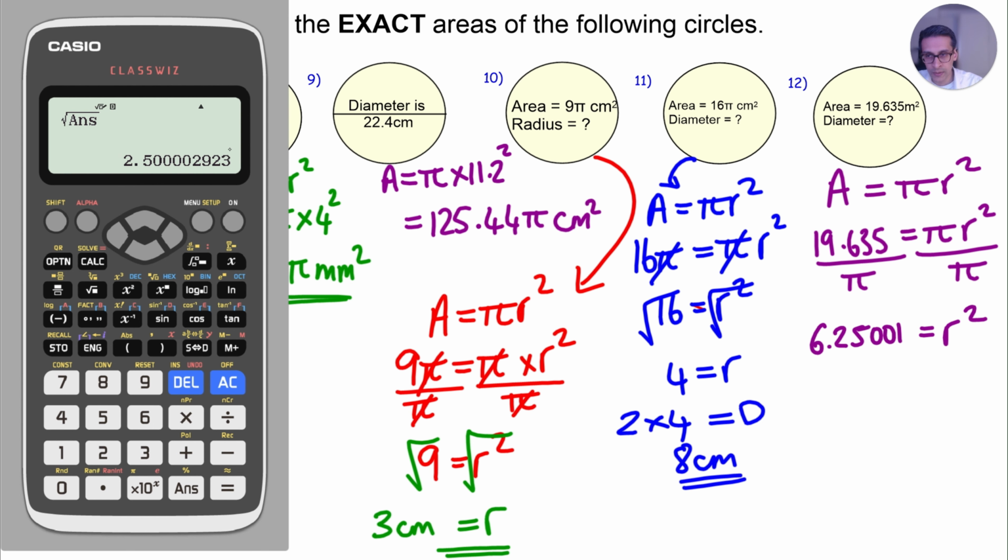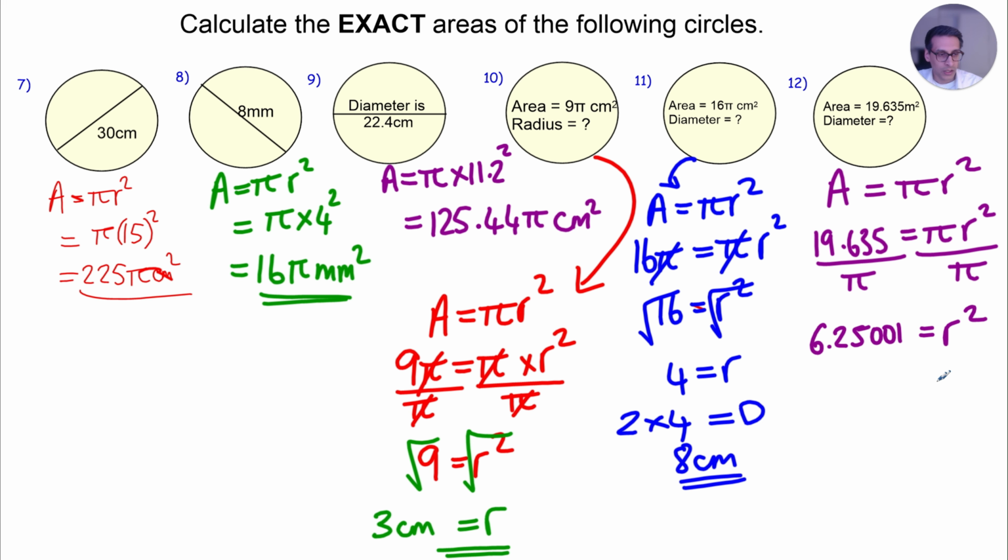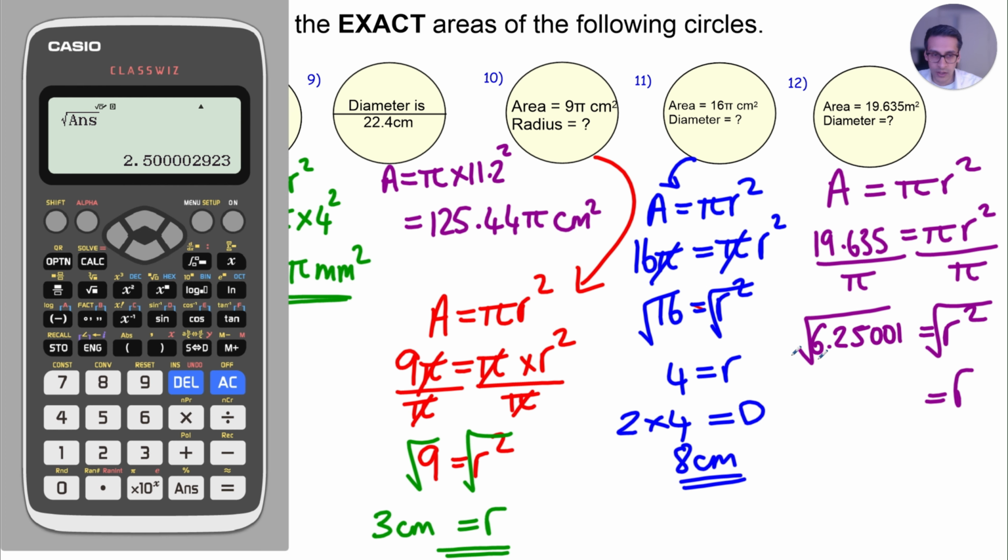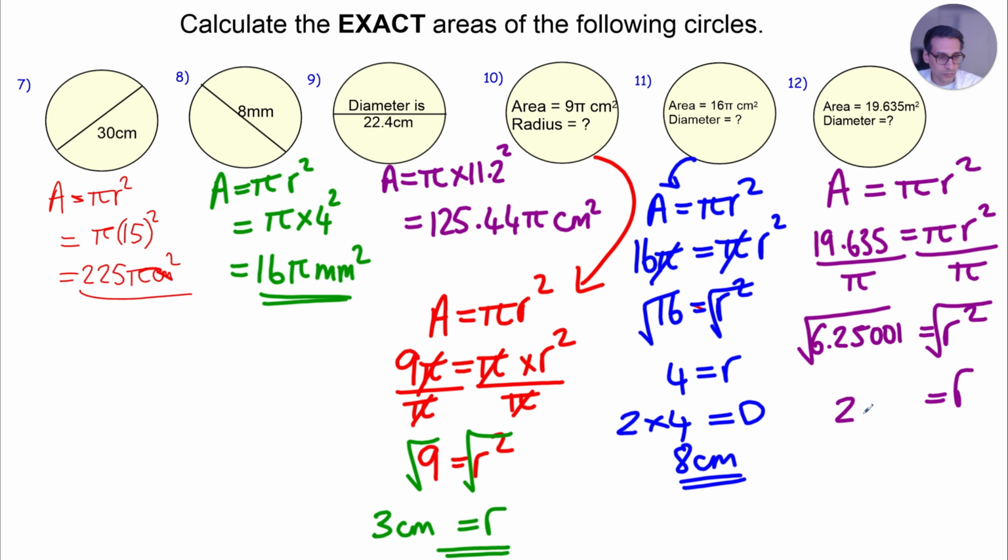So at that point we're going to round it sensibly and say when you square root both sides you get r is equal to 2.5, and we've got units, meters, and in brackets we're just going to say this is to 1 decimal place, and that should be good enough.